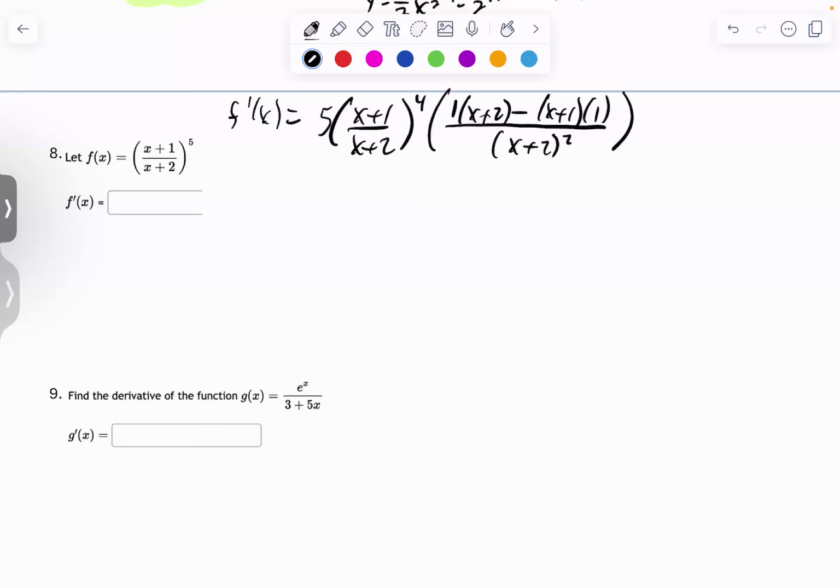And maybe we can clean that up a little. Let's see, that's going to be times x minus x. That's going to be 2 minus 1 to give me a 1, it looks like, over x plus 2 squared.